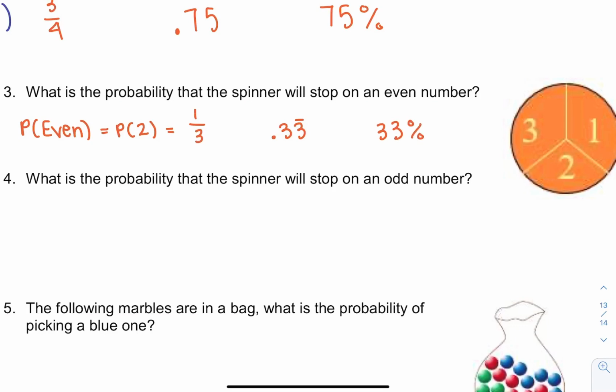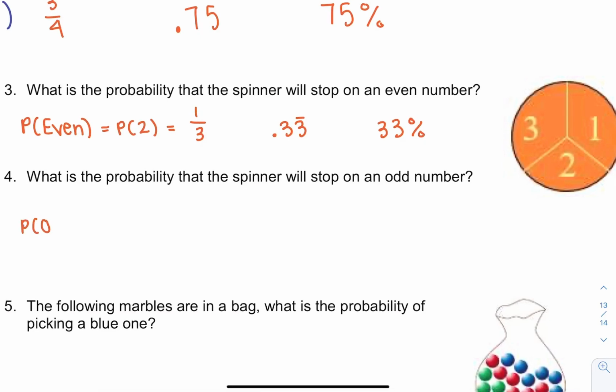The probability that the spinner will stop on an odd number is just the probability of not even, or 1 or 3. So that's going to happen 2/3 of the time, which is 0.6 repeating, or about 66%.